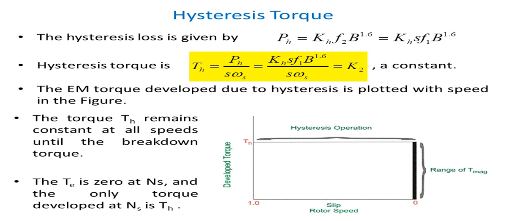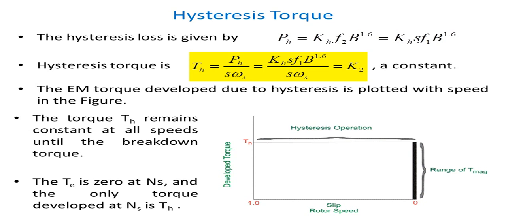So hysteresis torque is given by TH = PH / (s ωs) = KH s f1 B^1.6 / (s ωs) = K2. Means s is cancelled from numerator and denominator, so all remaining parameters are constant. So the hysteresis torque is a constant.